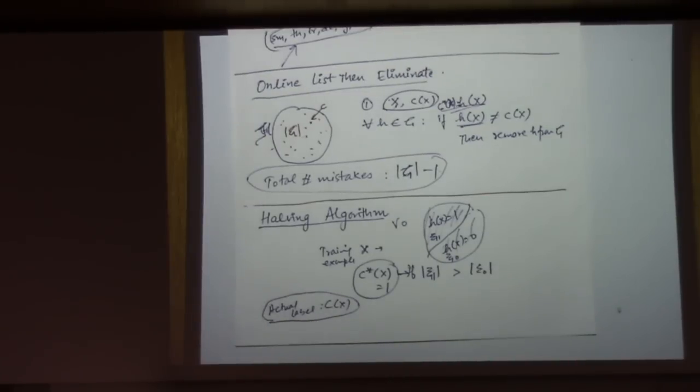Now what happens if you make a mistake? If you have made a mistake, it means that the bigger class is wrong. So you're going to toss the bigger class out.